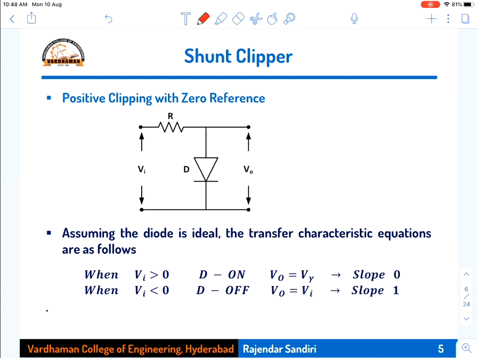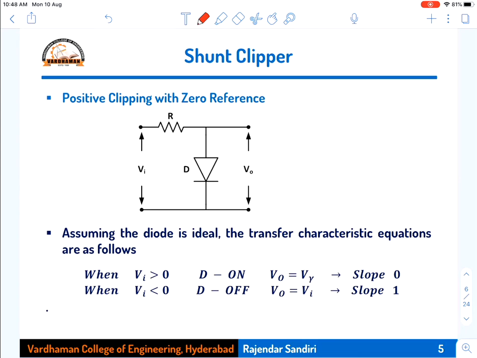In the previous slide, I told the names of the circuits: positive series clipper with negative reference, positive series clipper with positive reference, positive series clipper with zero reference.